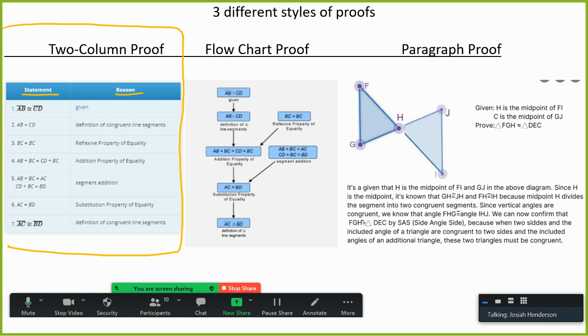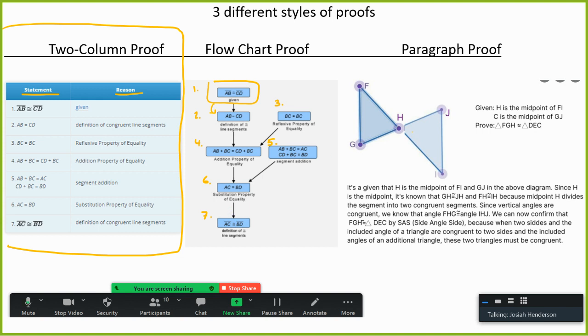A flowchart proof, we start at the top with our given, and that leads to the next statement. This would be another line right here. So this would be like line 1, line 2, line 3, and then line 3 and line 2 are combining to make line 4. Then they have this info, line 5, that gives you line 6, and then they're ending with their statement at the very end, their proof at the end.